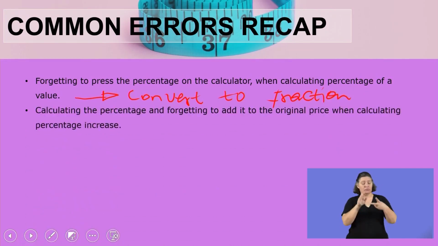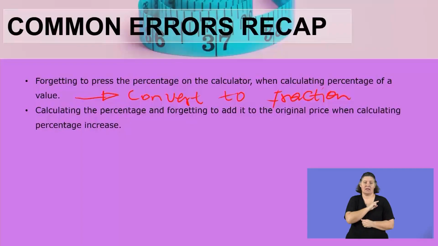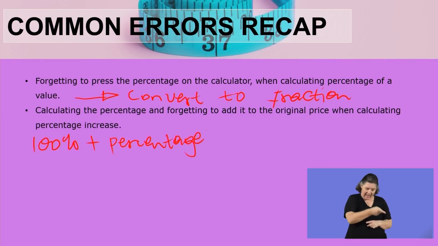Number 2, calculating the percentage and forgetting to add it to the original price when calculating the percentage increase. To close this gap, you must from the onset identify the percentage to be added, and then you add it to 100%. So if you take 100% and add that particular percentage that is given, and then from there you multiply it by the value which is given, we will close that gap.